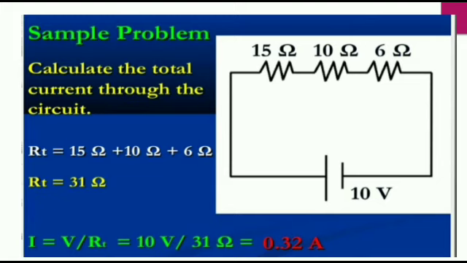R1 plus R2 plus R3, so the total resistance is 15, 10, 6, therefore 31 ohm.